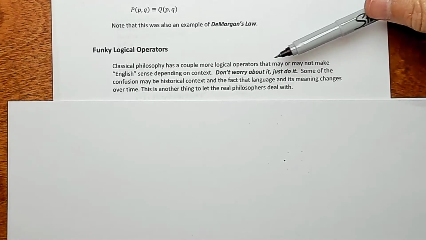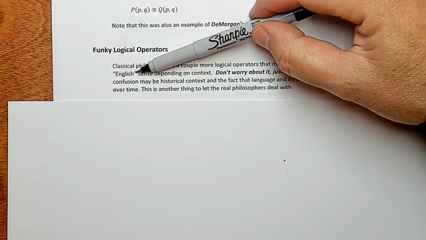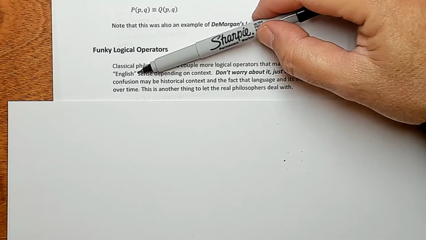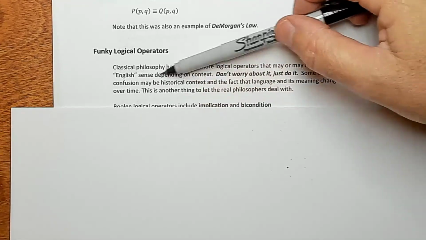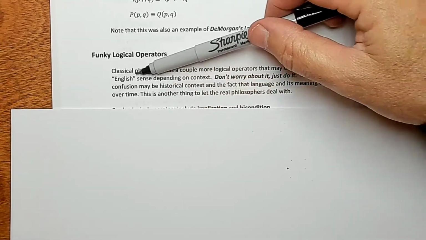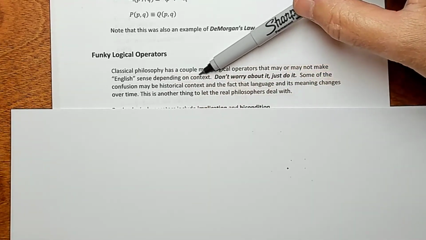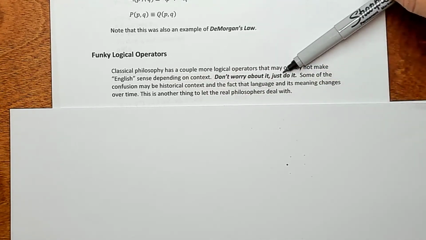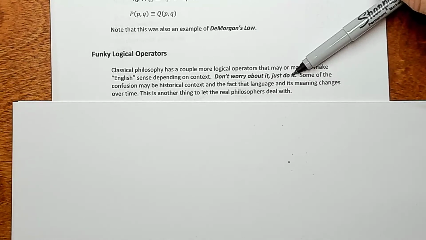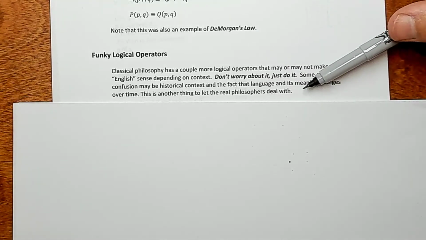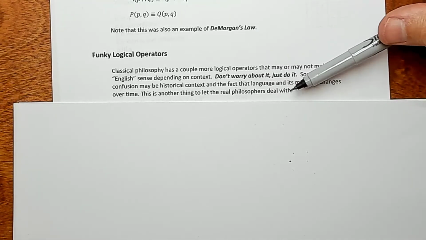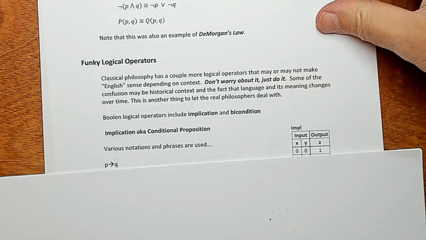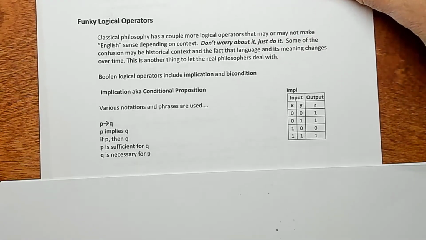So if you're having trouble making this stuff make sense, well, the stuff so far should make sense to you, but if the stuff going forward is a little bit weird English-wise, don't worry about it, just do it. There's historical context, language changes, other things that could be influencing what's going on.